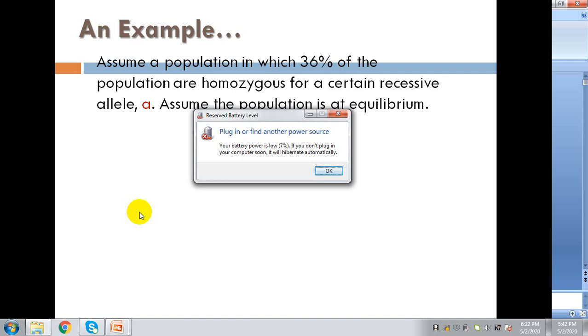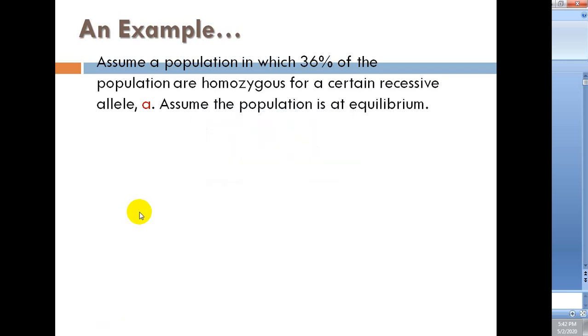As per this Hardy-Weinberg principle, this will be possible only when these disturbing forces are not there in the population. So in absence of these disturbing forces, only the allelic frequency and genotype frequency will remain constant.